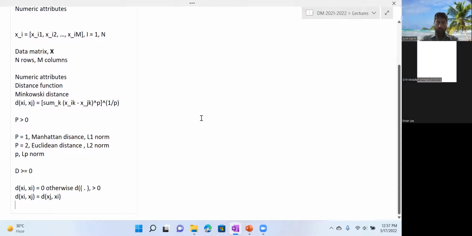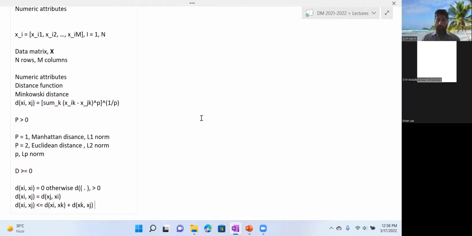And the third property is what is known as the triangle inequality. So d(xi, xj) would always be less than or equal to the sum of d(xi, xk), for some other k which is not equal to i and j, plus d(xk, xj). So you can think of k as some other point.